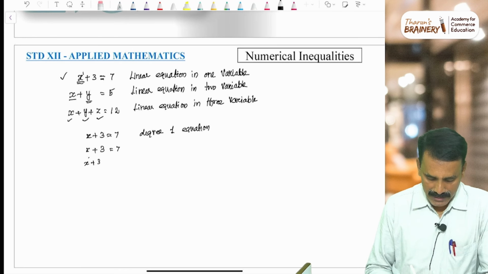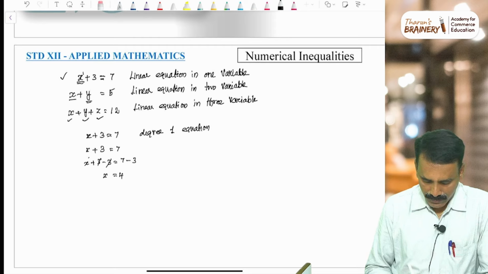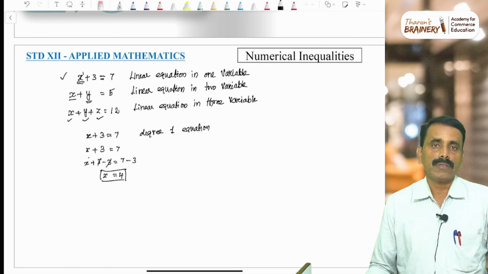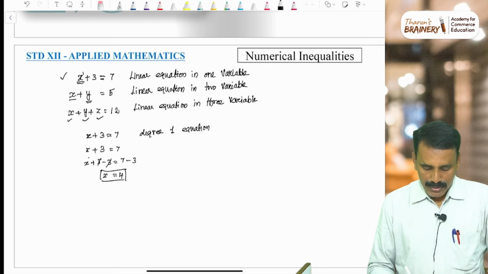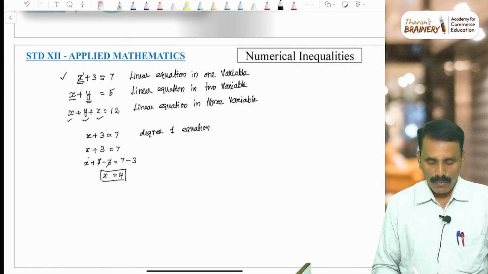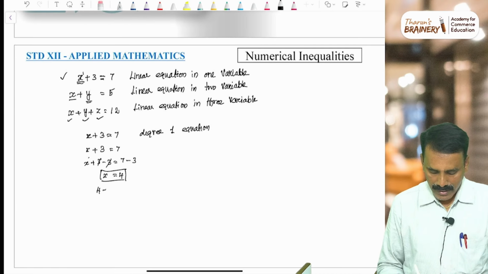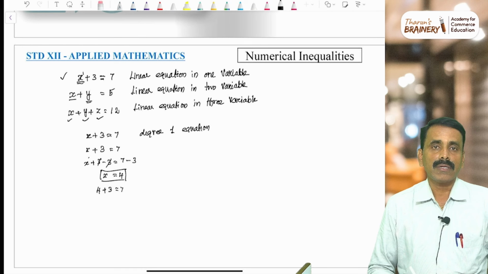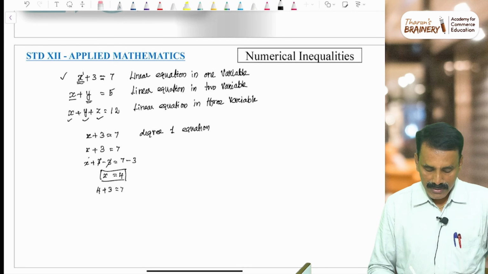So, we add minus 3 on both sides. 7 minus 3, here the 3 cancels. So, x is equal to 4. We say x is equal to 4 is a solution for this equation, because when you substitute 4 in place of x, we get 4 plus 3 is equal to 7. We cannot find any other value for x which satisfies x plus 3 is equal to 7.